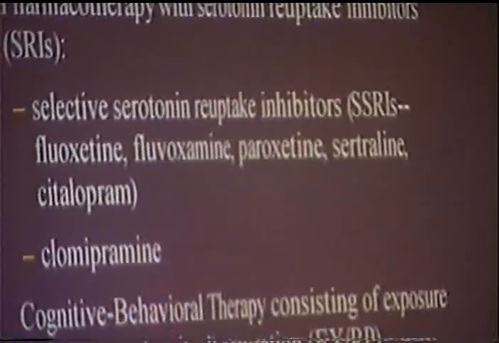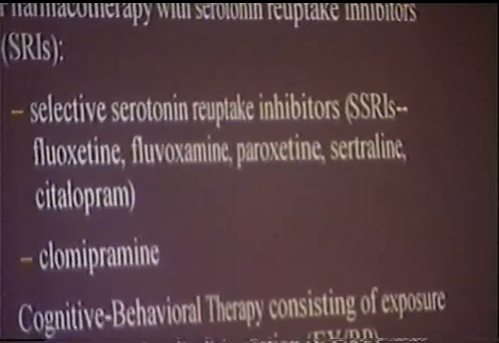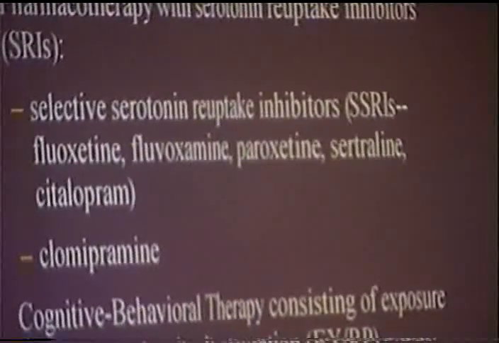Fluoxetine is Prozac, fluvoxamine is Luvox, paroxetine is Paxil, sertraline is Zoloft, citalopram is Celexa. Citalopram now also comes out in a Lexapro version of itself. And clomipramine, or Anafranil. So all of these I'm going to call serotonin reuptake inhibitors because that is their main action.